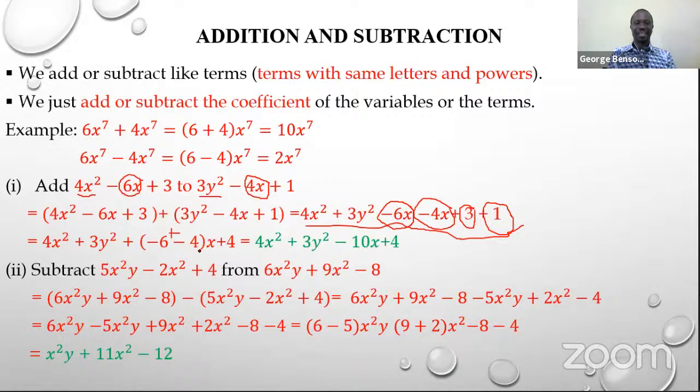Is that okay? So I add this together, and that's going to give me a minus 10. Minus 6 minus 4 will bring me a minus 10. Then the 3 plus 1 also gives me a 4. That's why in the final answer you're having 4x squared plus 3y squared, then minus 10x plus 4.